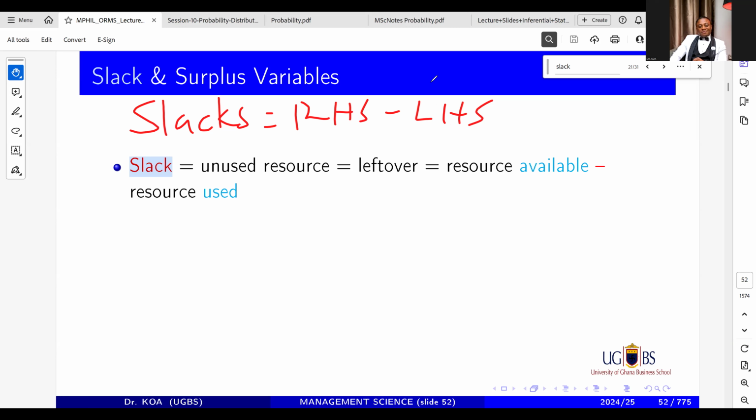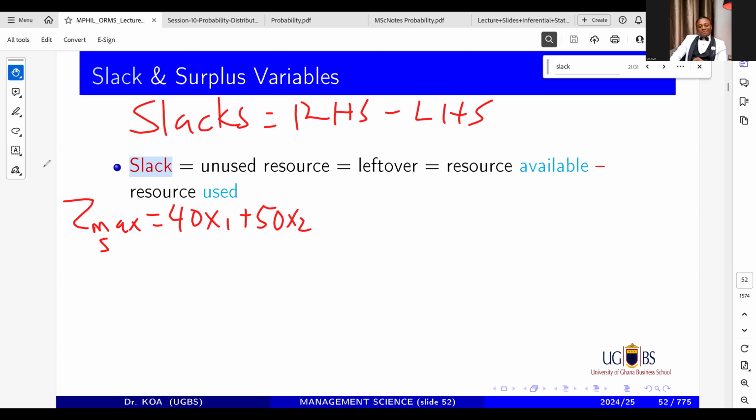Just to check with you what we have done already. We have looked at the Farm Ghana Limited, and we have indicated that the objective function is 40 fan yogo plus 50 fan choco.